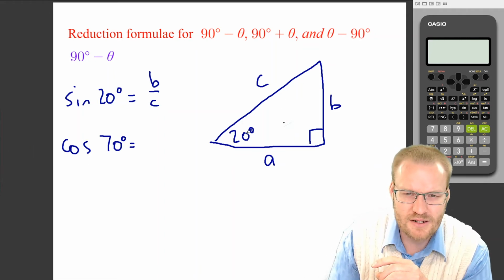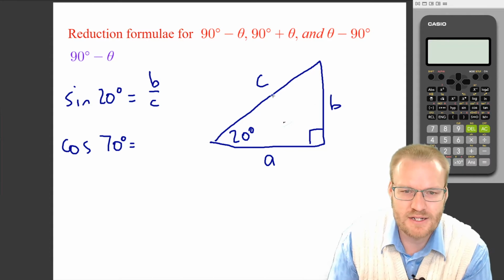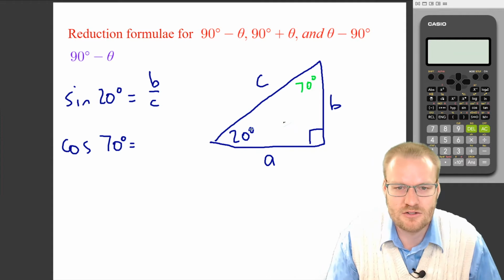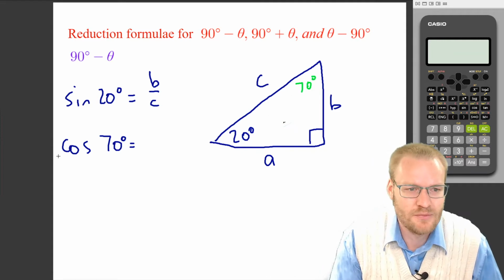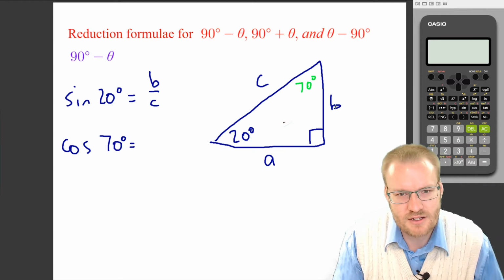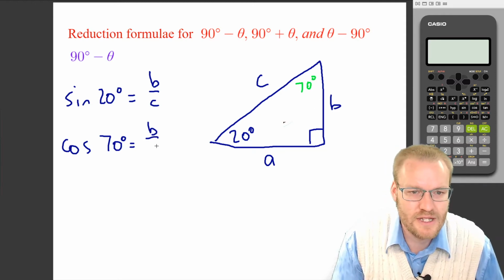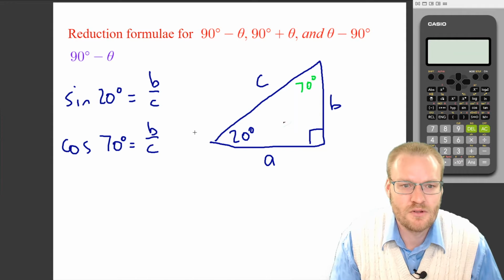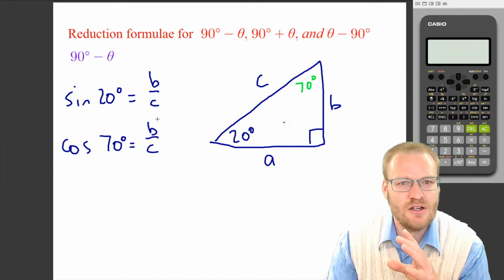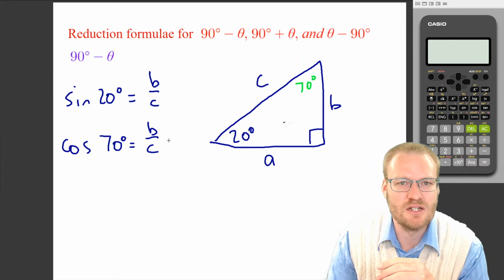If that's 20 and that's 90, all the angles need to add up to 180, so this one here must be 70 degrees, because 20 and 70 make 90. So therefore cos of 70 is adjacent over hypotenuse, B over C.